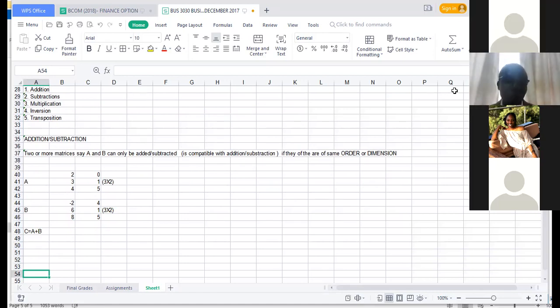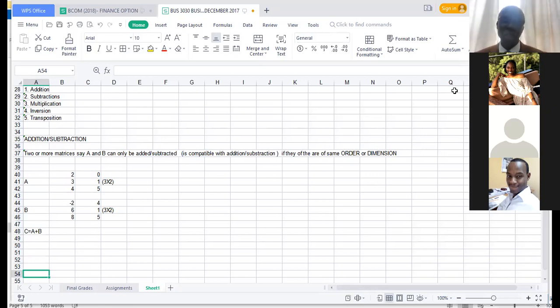You said same order, but what does same dimension mean? It's the same thing, another term for order. That's how I started up there when I talked about dimension or order. So now let's get A plus B.